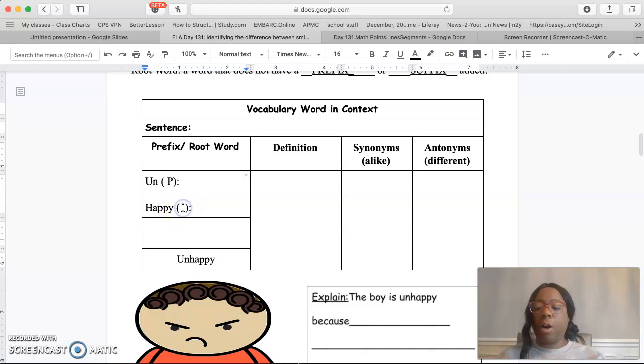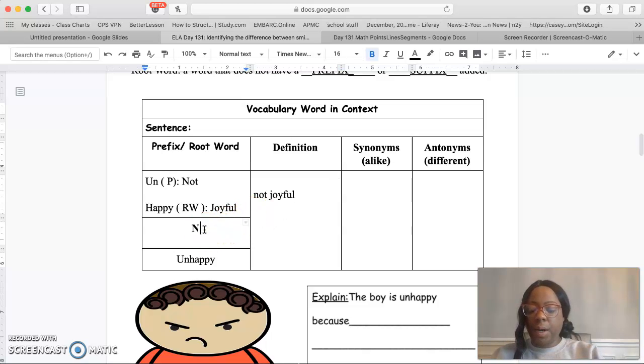All right, and our root word is happy. Now, when we put our prefix, which is un, and it means not, and we use our root word, which means joyful, together, we can define that word as not joyful.